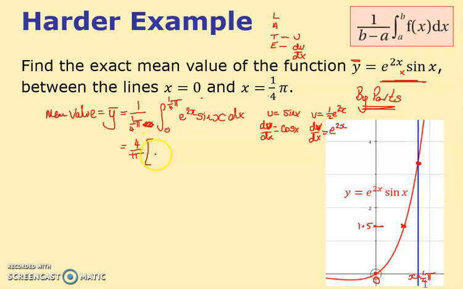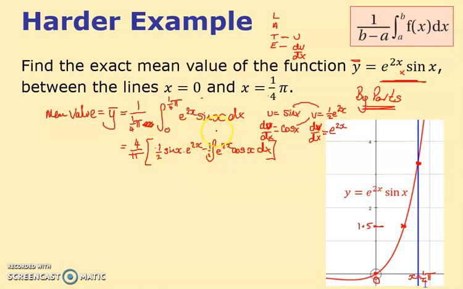Now you might recall what happens when you get these exponentials and trig functions together. You might not, but I'll go through the process. So you times these two together, I get a half of sine x e to the 2x minus the integral of these two times each other, which is a half of e to the 2x cos x. And this is what I was saying about, you might recall, that you end up doing this twice.